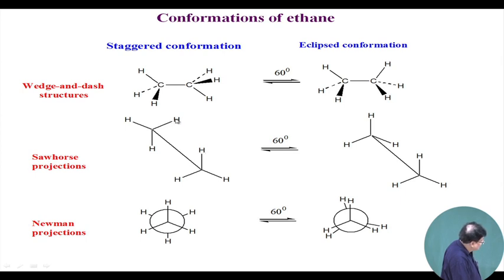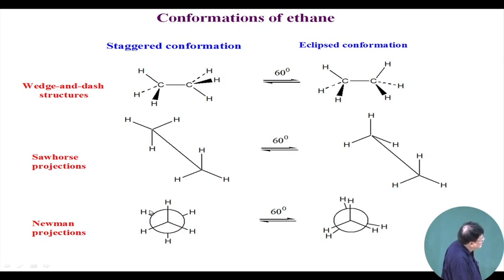like this hydrogen, the closest neighbor is this hydrogen, the dihedral angle is 60 degree. Okay. So, the 60 degree dihedral angle between this hydrogen or that hydrogen is a staggered one, or the better way of representation of staggered is this one, where this is the 3 bonds, the other 3 bonds are exactly drawn in the opposite sense. That means, this CH and this CH are anti to each other, this CH and that CH are anti to each other, and this CH and that CH are anti to each other.